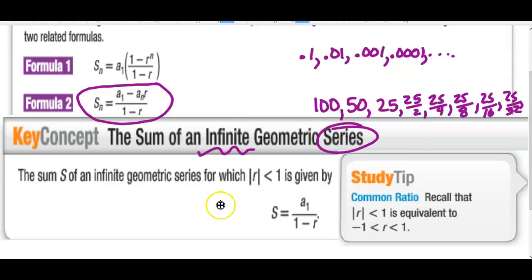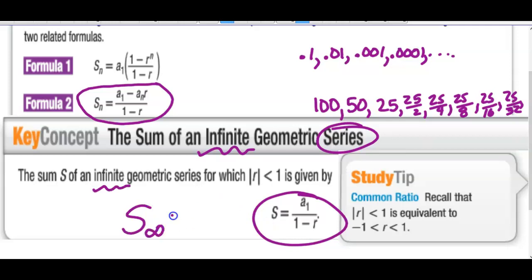And so you can say the series will approach a sum of this. Now this is when you are doing an infinite series. So we could write it as the sum of infinite terms. But this formula only works if you're trying to add up all the terms in a sequence where r is between -1 and 1. Okay?